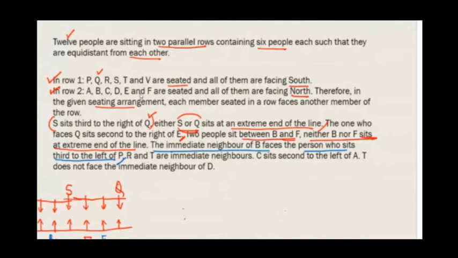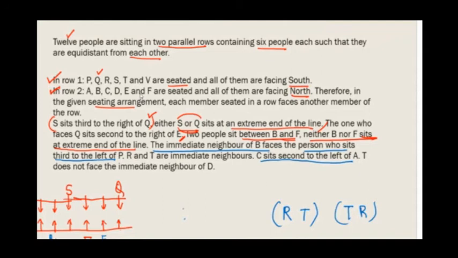Next, R and T are immediate neighbors. So I need to have R and T to be immediate neighbors. That means R and T are together or T and R together. C sits second to the left of A. Now where should I take C and A?